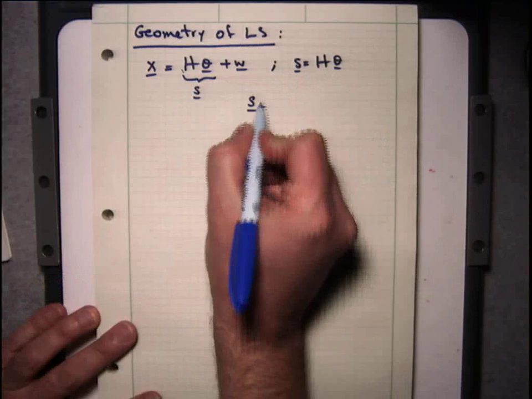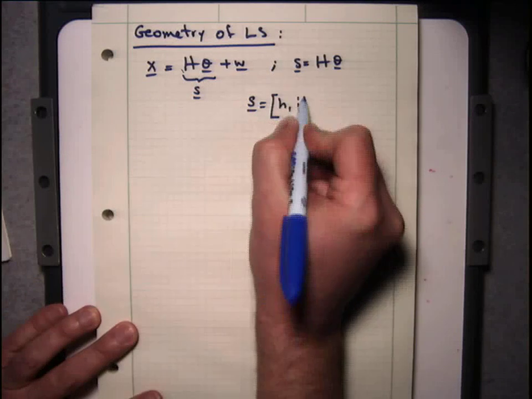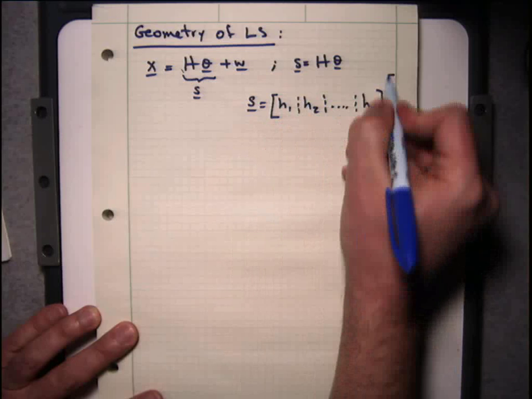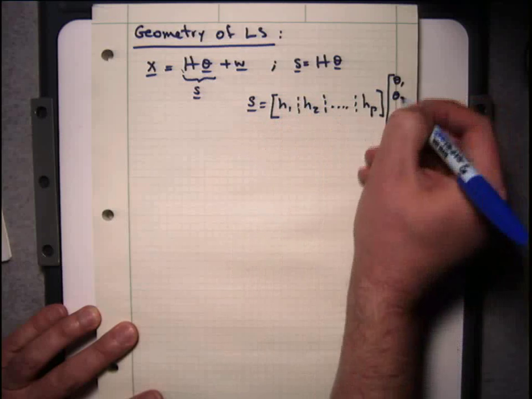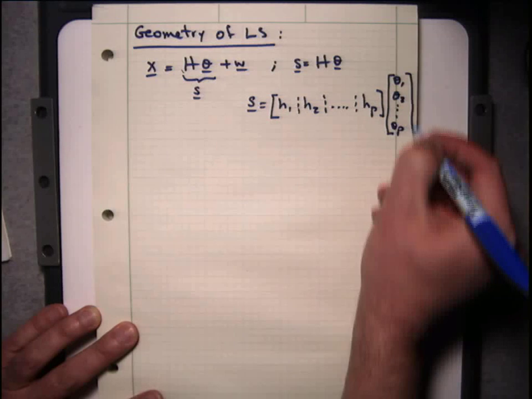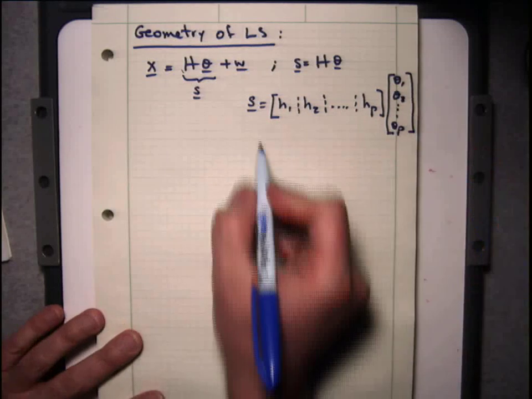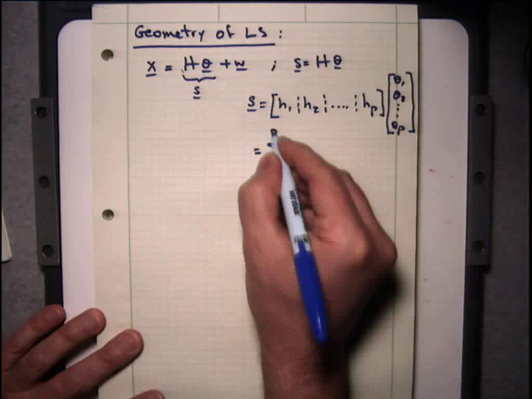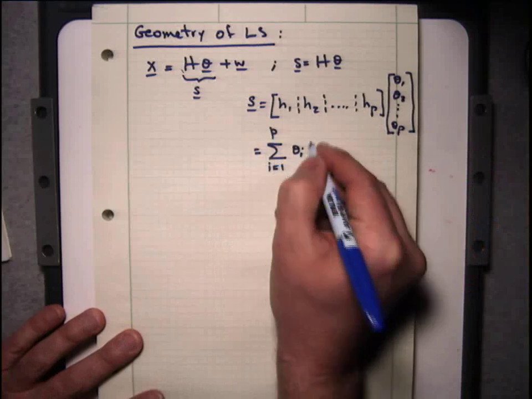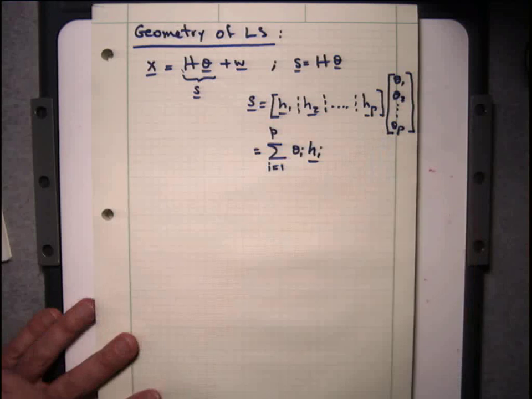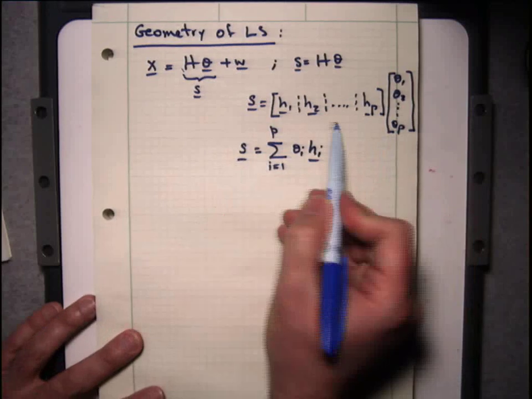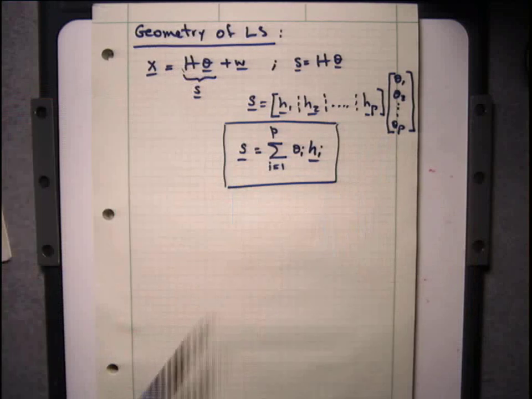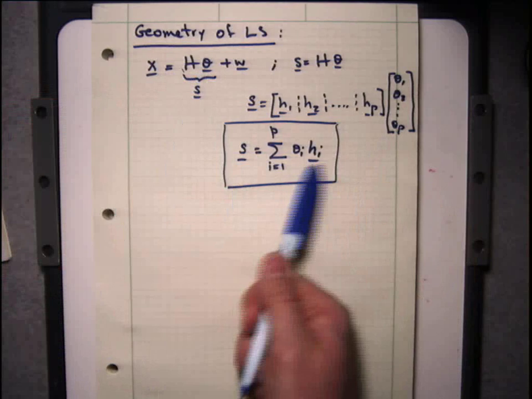So we can write it like this: S equals H1, H2, and so on, let's say HP, and then a bunch of coefficients here, theta 1, theta 2, to theta P. Another way to write this is a sum, i equals 1 to little p, of theta i, Hi, where these Hi are columns of H. So if you look at this, what this is telling you is that the signal you're going to be looking for is not just some arbitrary signal, it's a signal that lives in a space that is spanned by the columns of H.